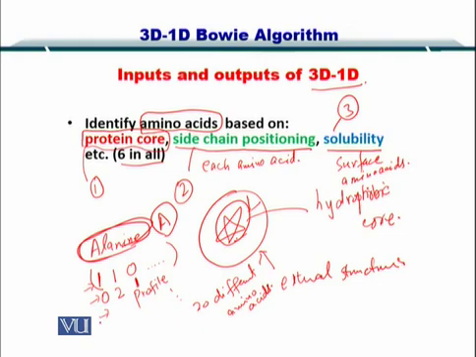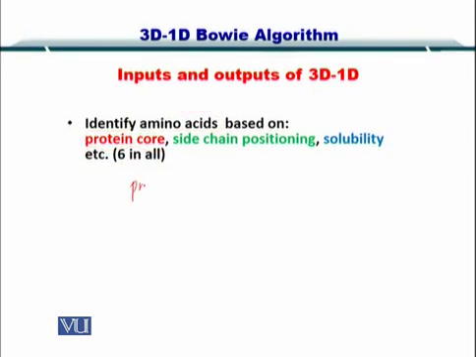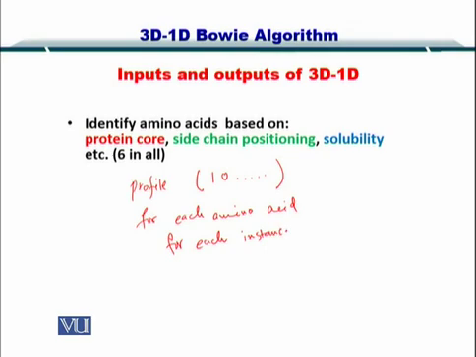The 2 take-home messages are that you have to create a profile that is 1s and 0s for each amino acid for each instance in a protein structure.